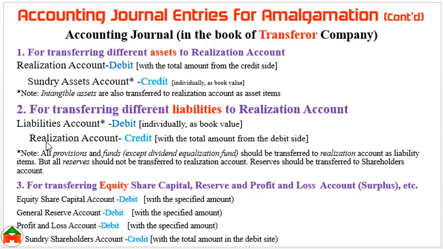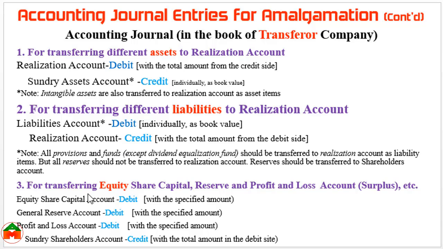Again I am reminding, this realization account is a temporary account. We are just using it for completing the journalizing process. After completing the journalizing process, this account will be vanished, because debit and credit will be removed whenever we prepare a ledger.